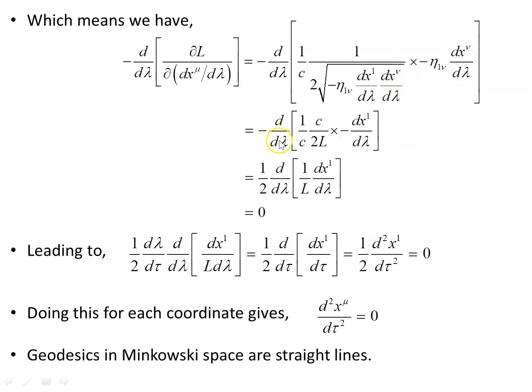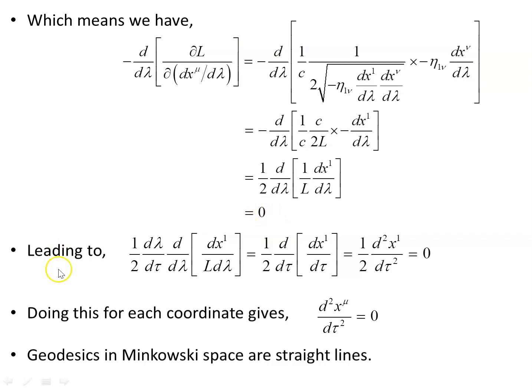Now when that happens, the only term of this metric that counts is ν must be 1. Otherwise it's 0 for all others, and so we're left with dx^1/dλ here. We get 1/2 times d/dλ of 1 on L dx^1/dλ, and we understand that to be 0. That's the point of the Lagrangian equations.